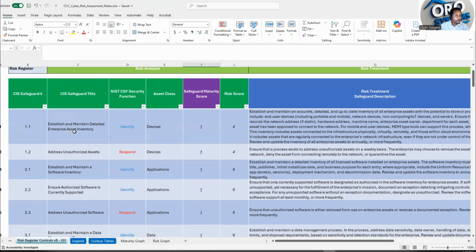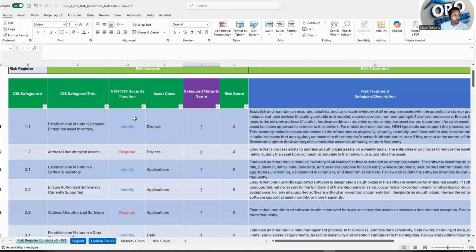If the company establishes and maintains a detailed enterprise asset inventory, that is called identify. But what asset class is that? Since they are talking about asset inventory, that's devices. Address unauthorized assets is respond, because if an unauthorized asset is found, the company needs to respond. That is still under devices.